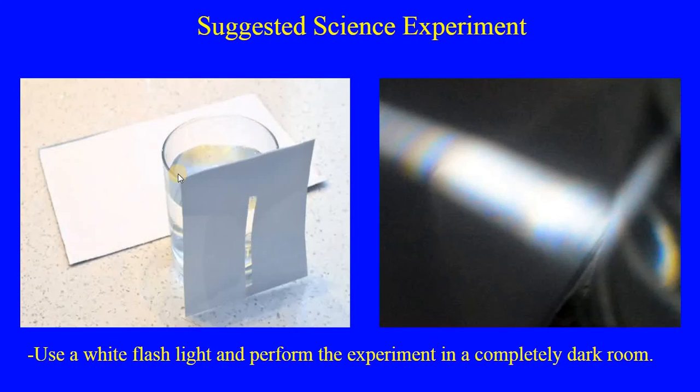This is what you see coming out at the end over here. That's why you have this white sheet of paper. The only key is you have to do this in a completely dark room. If you try to do this during the day, all you're going to see is white light come out. You'll see the light shine through the slit, through the water, out the glass, and up here all you're going to see is just white light.